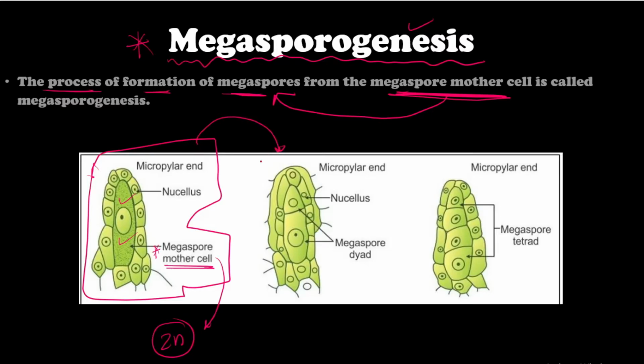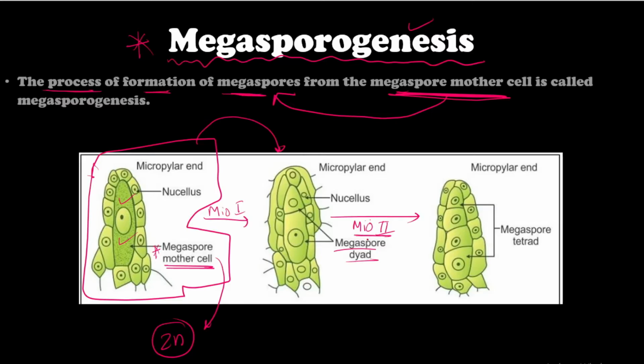After meiosis 1, it forms two cells, which is called the megaspore dyad. After meiosis 1, it undergoes meiosis 2.